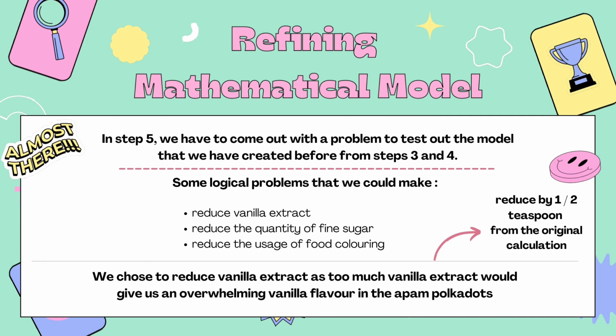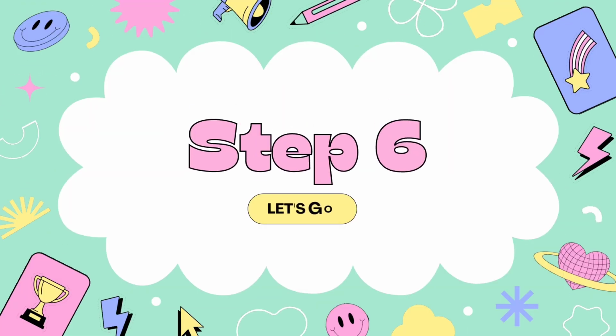We have discussed to reduce the vanilla extract, as too much usage of vanilla extract will influence the taste of appam polka dot. Generally, too much vanilla extract will give us an overwhelming vanilla flavor in our appam polka dot. To conclude, we need to reduce the usage of vanilla extract from the original calculation by 1 or maybe 2 teaspoons.